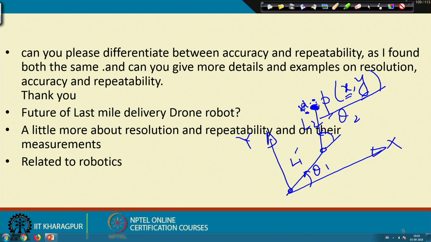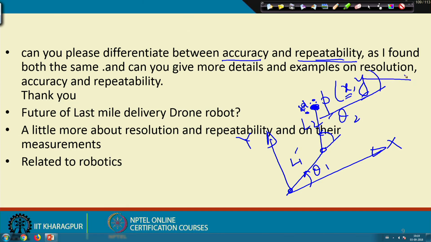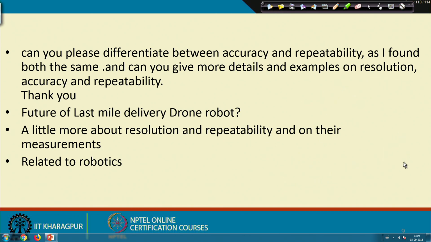There could be some deviation. That deviation is nothing but the repeatability. So, I hope you have understood the difference between accuracy, repeatability and resolution. They are basically not the same.